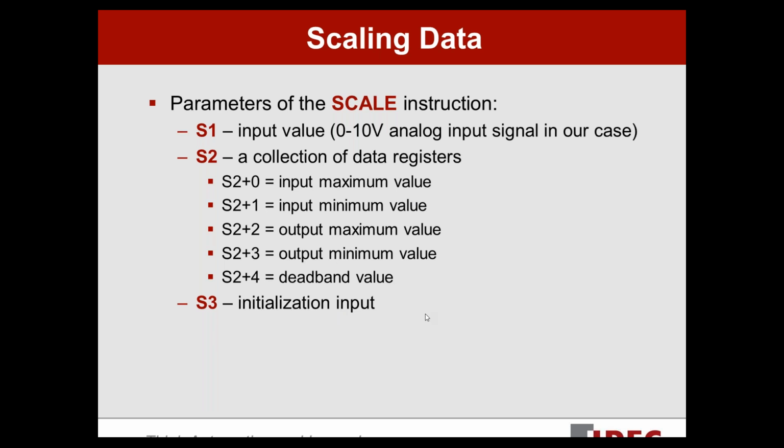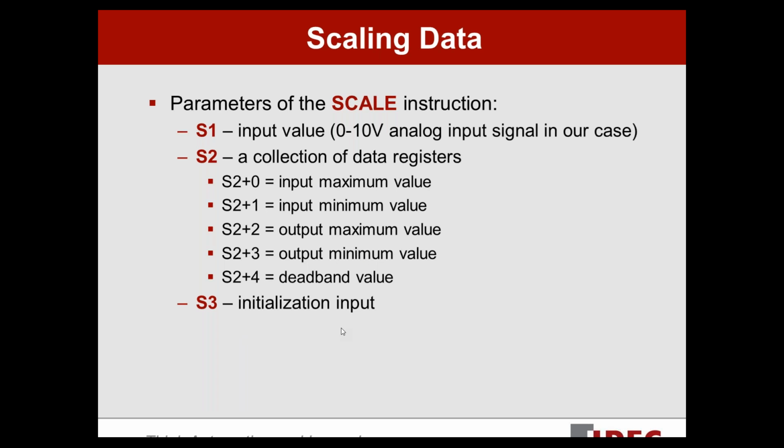What the initialization input does is whenever that gets turned on, it will move whatever values we configure in the instruction into those data registers, okay? So what that means is when you're in the field, in the program on the fly, you can adjust the values in these data registers to whatever you want them to be, okay? If you want them to go back to their default values that you hard-coded into the instruction, you just turn on the initialization input.